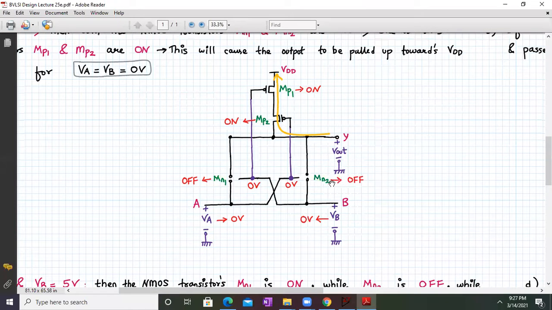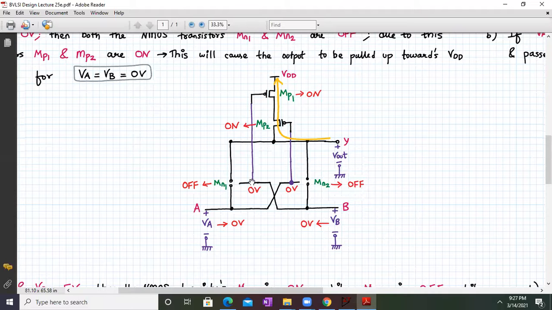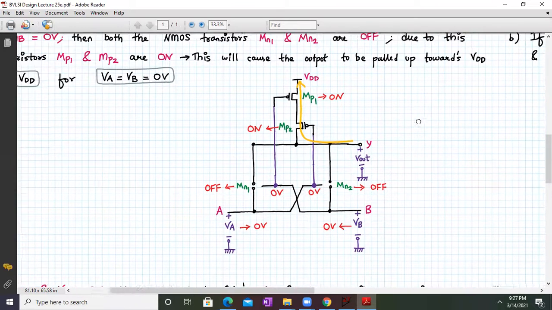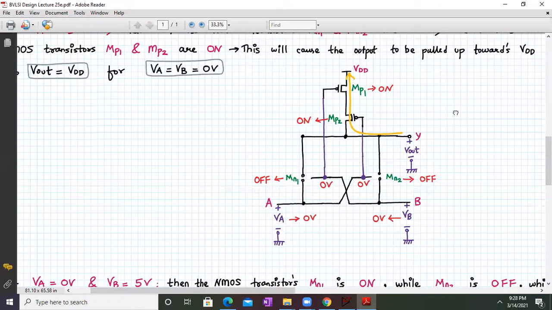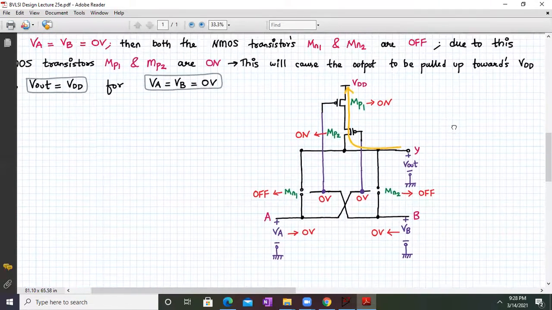Simultaneously, the same 0 volts is applied to the gate of MP1 and MP2, turning them on. Hence, the output voltage is pulled up towards VDD via both transistors MP1 and MP2. That means your output voltage is a strong logic 1, equal to VDD. In this case, MN1 and MN2 are off and MP1 and MP2 are on.